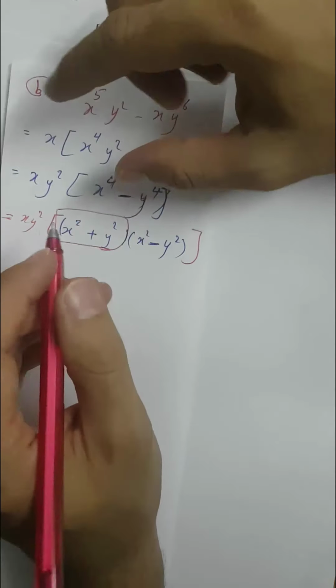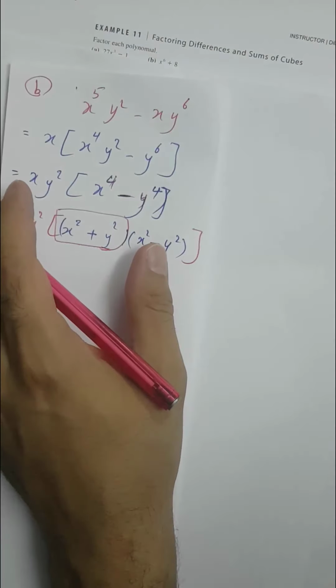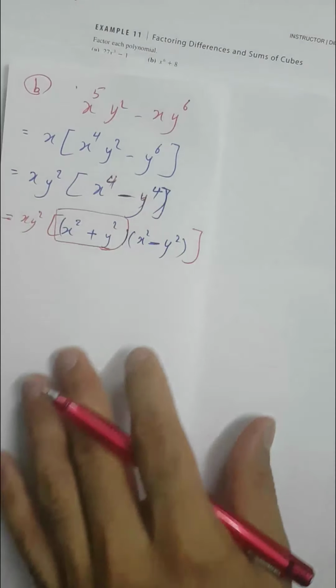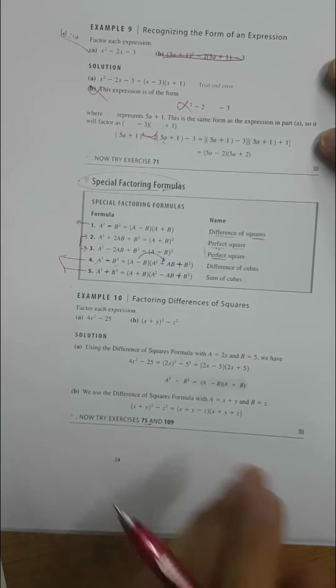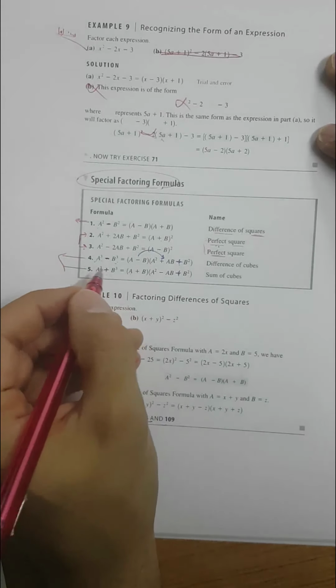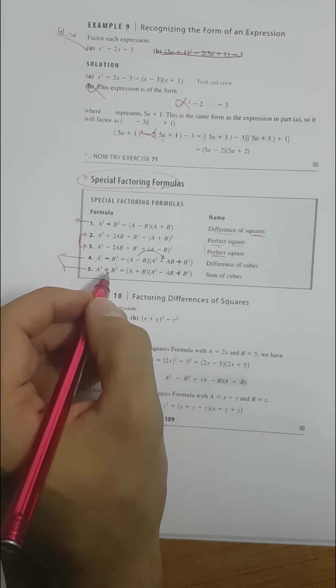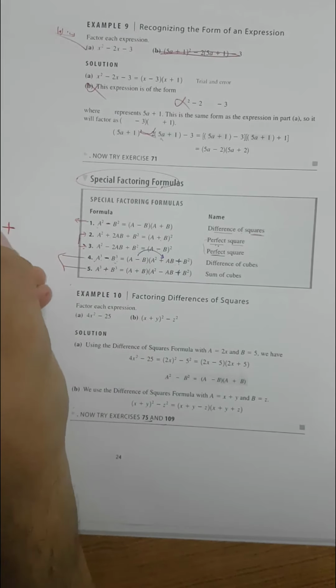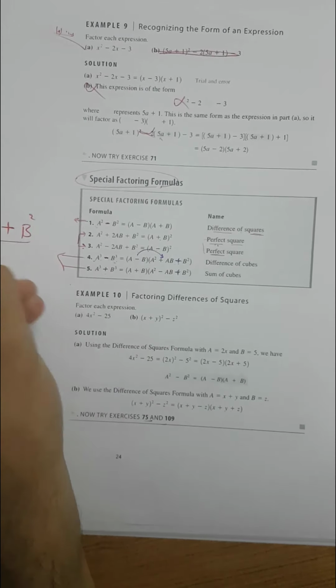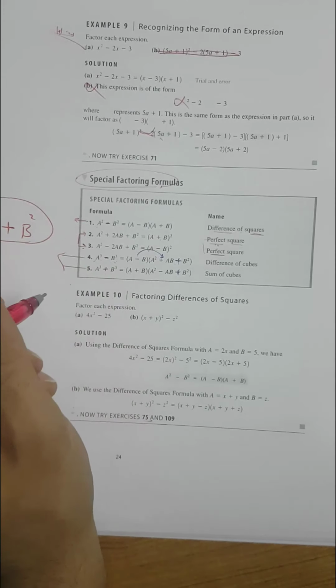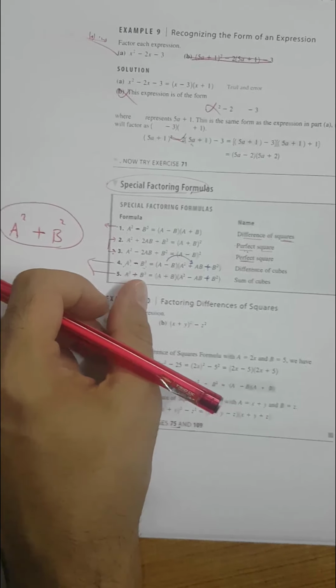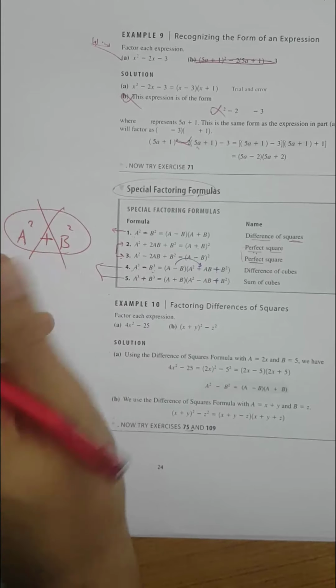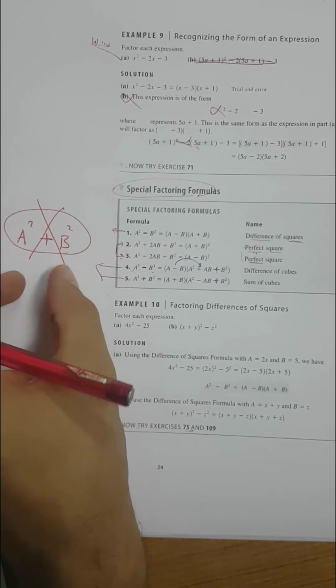Why? Because in your lecture there is no such rule for addition between two squares. There is nothing here. Sometimes I will ask you what we haven't. So we haven't this rule. We cannot factor these.